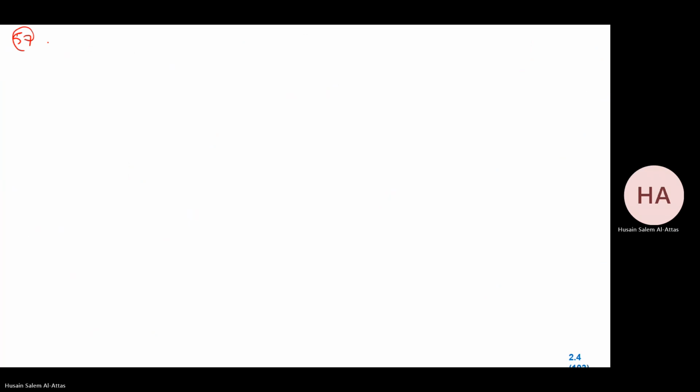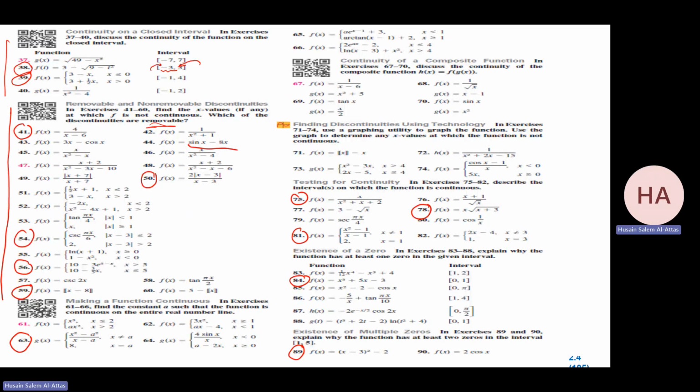57. This is the function cosecant 2x. We want to check where it is not continuous.